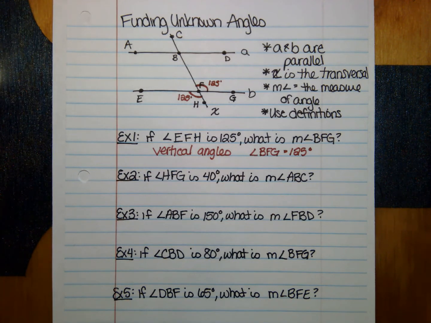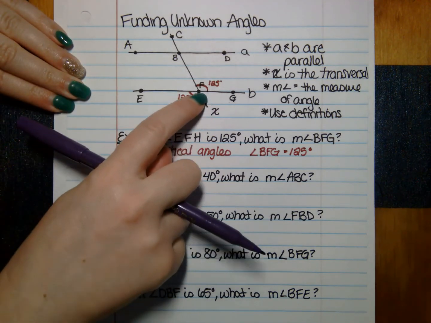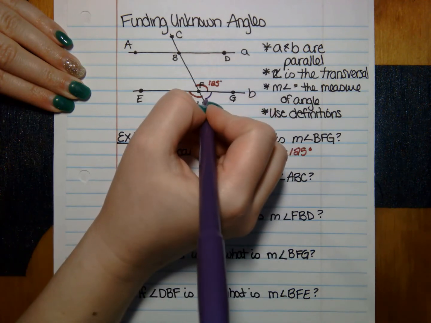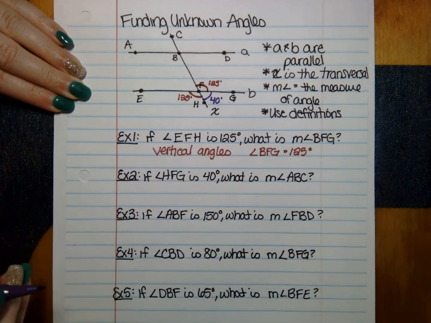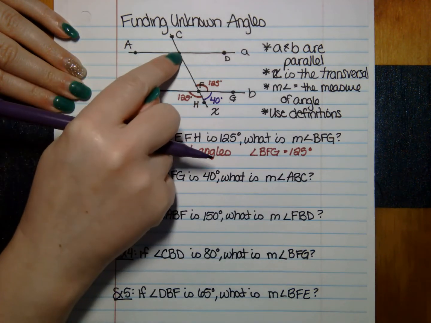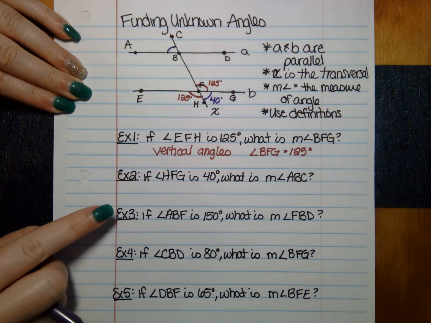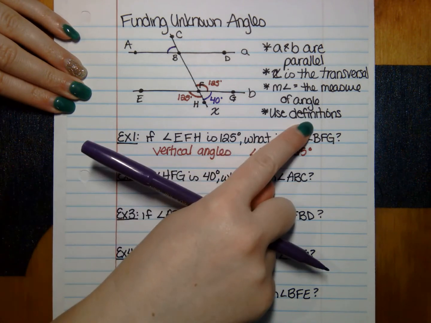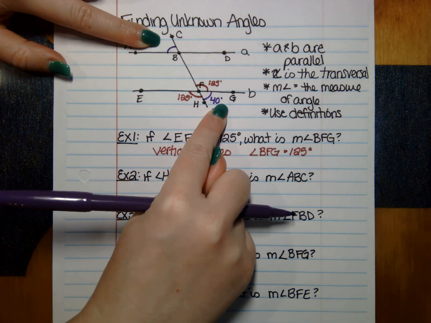For example 2, it says that if HFG, this one, has a measure of 40 degrees, what is the measure of ABC? So we're trying to find what this measure is. Again, using our definitions, we know that this angle and the one we're trying to find are alternate exterior angles.